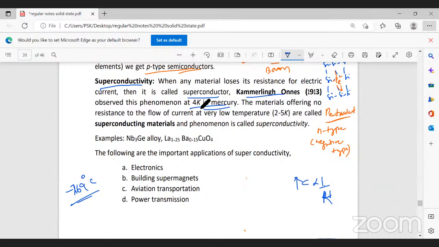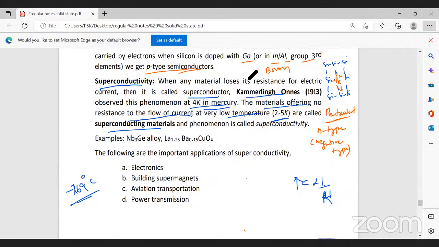At 4 Kelvin in mercury, the resistance for current vanishes. Materials at very low temperature, around 2 to 5 Kelvin, are called superconducting materials. So, what are superconducting materials? A material which offers no resistance, 100% flow of electricity at very low temperature, around 2 to 5 Kelvin, is called a superconducting material. The phenomenon is called superconductivity.